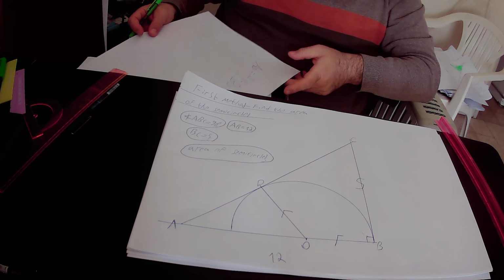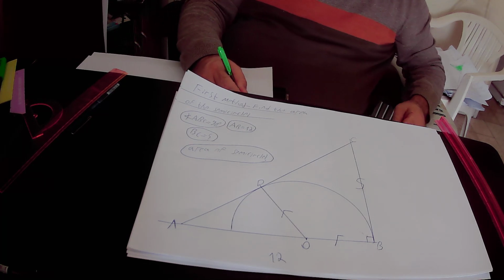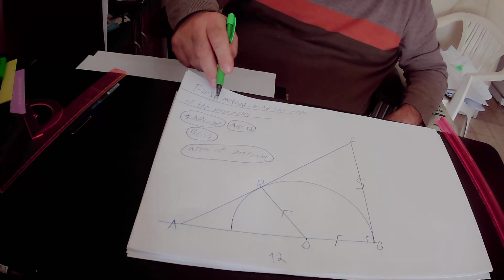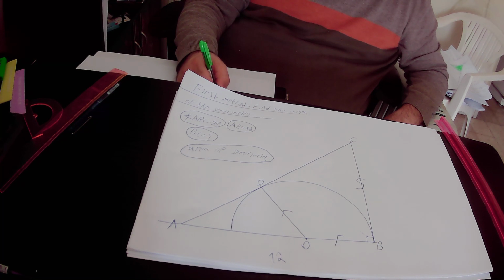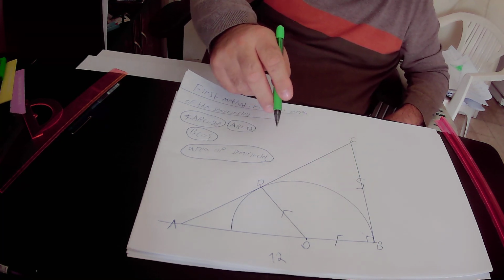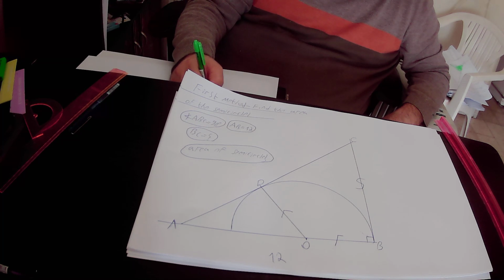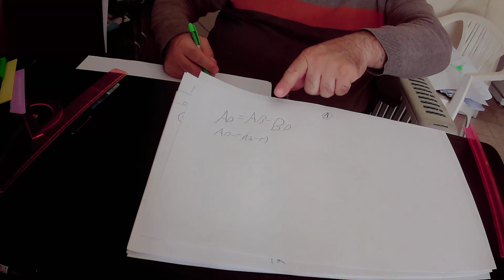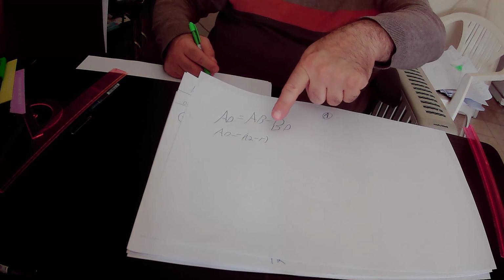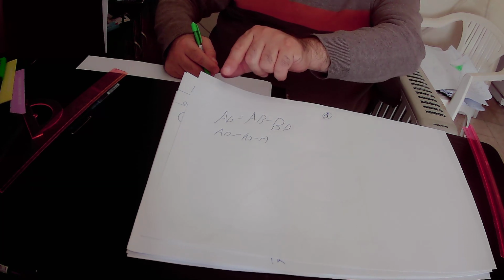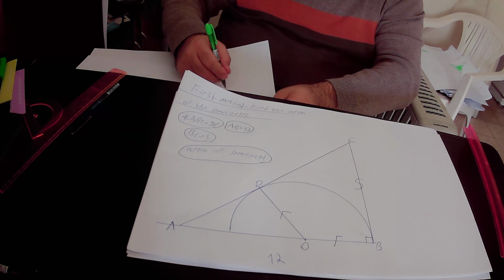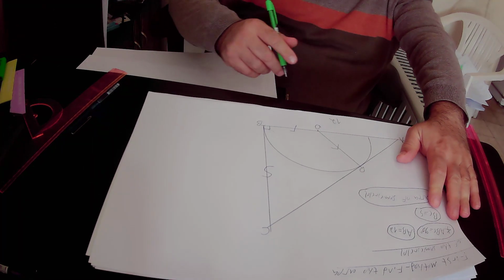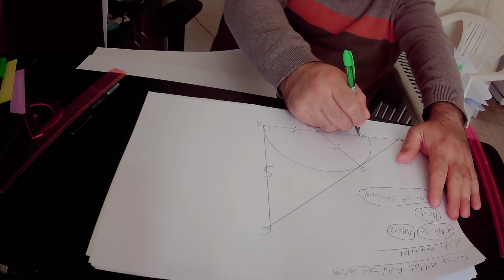So AO will be equal to AB, which is 12 units, given in the question, minus BO, which equals R, the radius of this semicircle. So AO equals 12 minus R. So we can write here that AO equals 12 minus R.